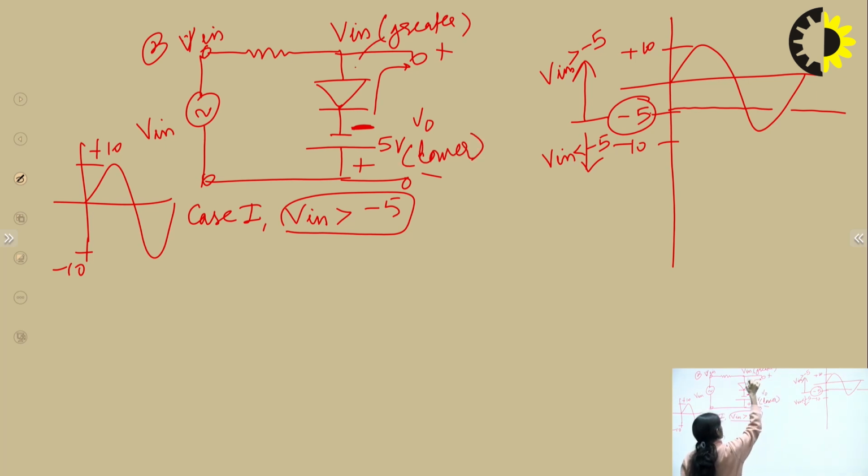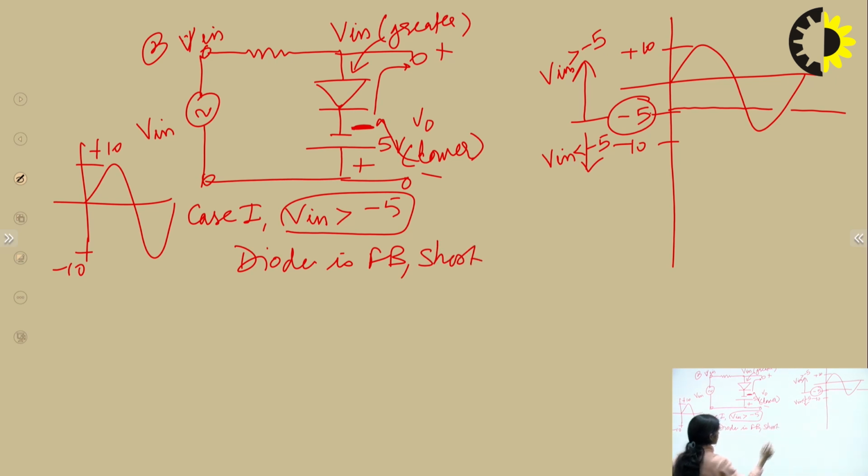Now greater is connected to positive of diode and lower is connected to negative. In this arrangement diode is said to be forward biased and becomes short. So if we see the output, diode will become short and battery will get here like this, minus plus 5 volt.